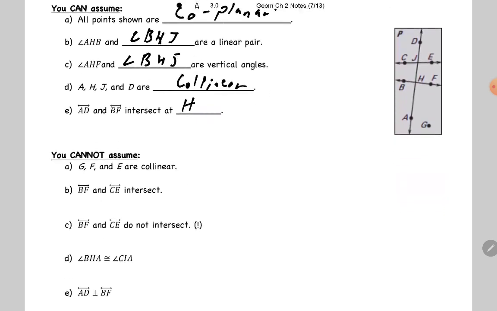But you cannot assume that G, F, and E are collinear. You can't necessarily make a line that goes through all of them. Can't assume that. BF and CE intersect. You can't assume from the diagram, even though it looks like it's going to intersect, and it probably will, but you can't assume it.